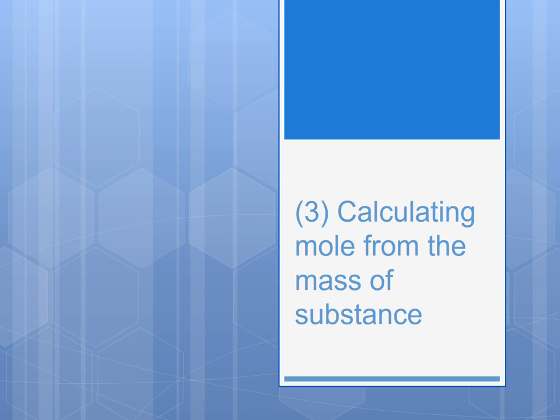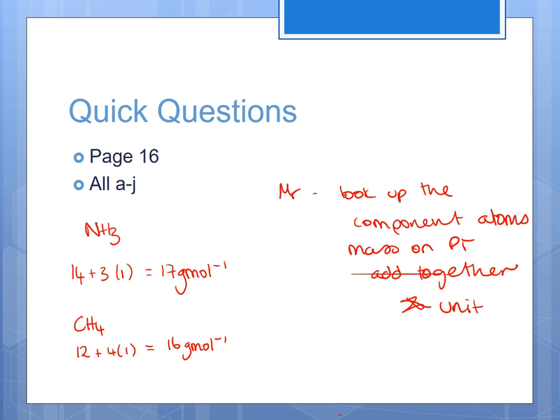We follow exactly the same process regardless of what it is, even if it's something more complex like glucose, which is C6H12O6. We would find that we had 6 times 12 plus 12 times 1 plus 6 times 16, and when we added all that up, we would get 180 grams per mole.